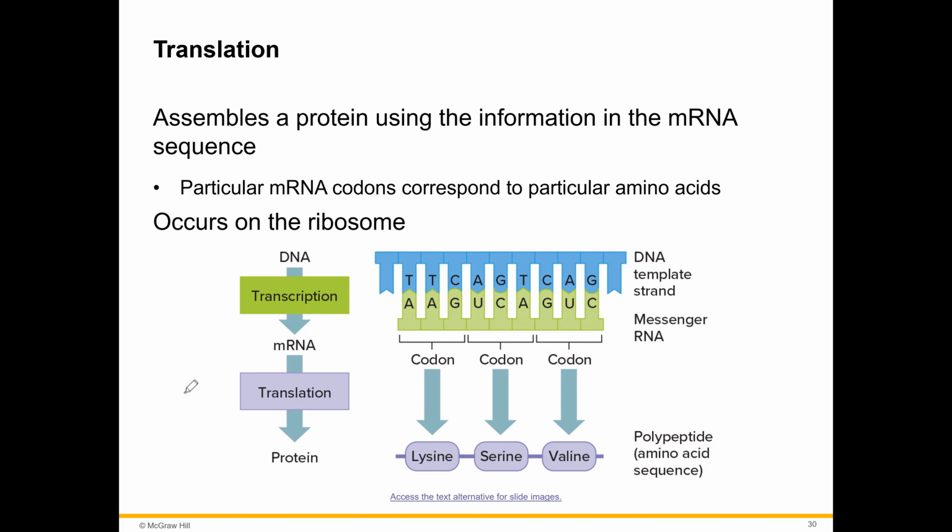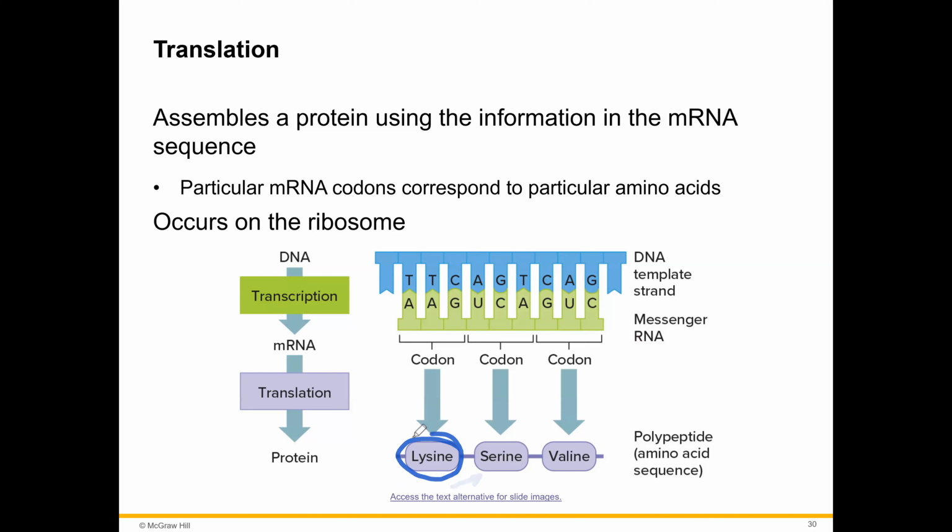When we synthesize messenger RNA, we modify it and splice it. We added cap and tail and cut out introns. Now this messenger RNA is ready, inside the cytoplasm, for protein synthesis.